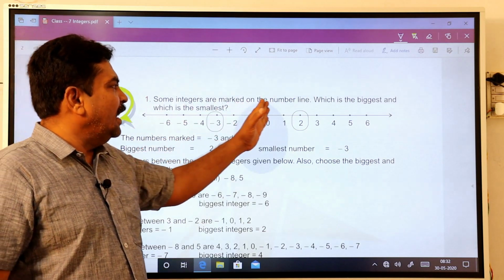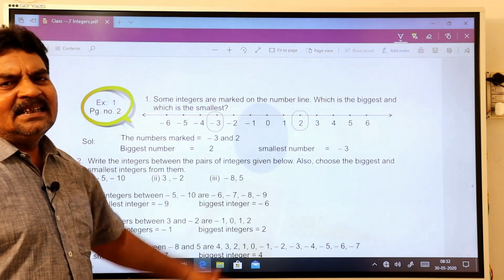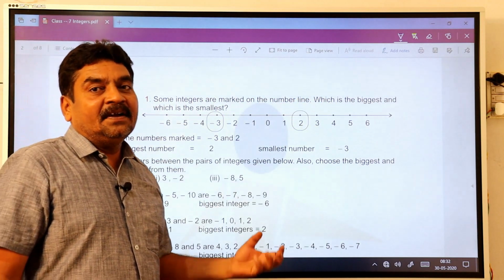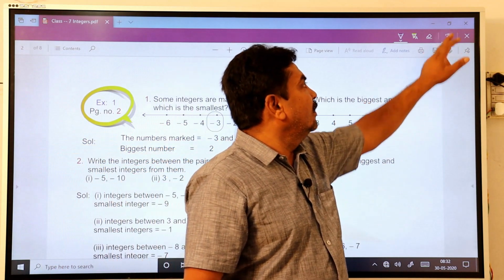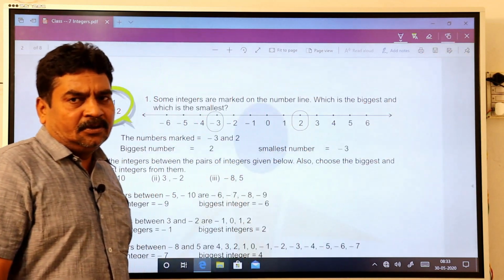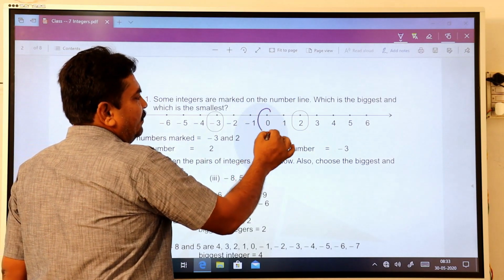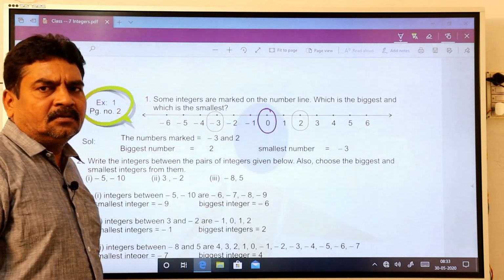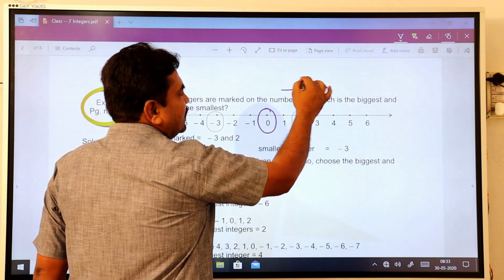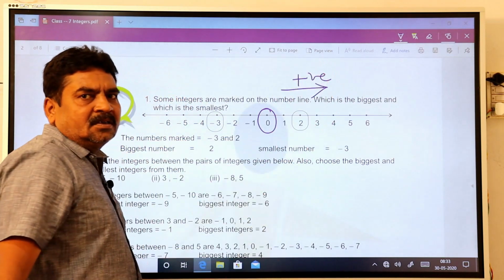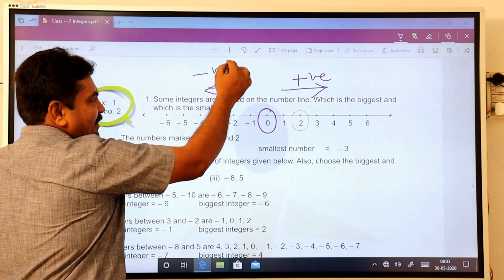Some integers are marked on a number line; which is biggest and which is smallest? You have to identify which is bigger and which is smaller number in your textbook. This is your number line, and you have 0 here, right? After 0, towards the right side, you always get positive values, and towards the left from 0 you always get negative values.